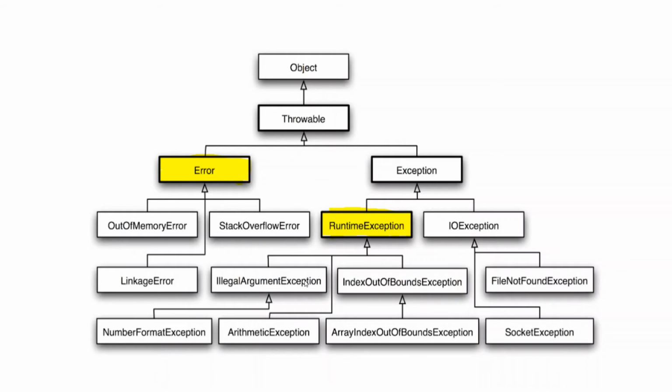And RuntimeException has IllegalArgumentException, IndexOutOfBoundsException, ArrayIndexOutOfBoundsException, ArithmeticException, and NumberFormatException, right? And IOException has FileNotFoundException and SocketException. And Error is something like a system related error, like OutOfMemoryError. You have a memory of 5 GB RAM, you have a memory of 40 GB hard disk.